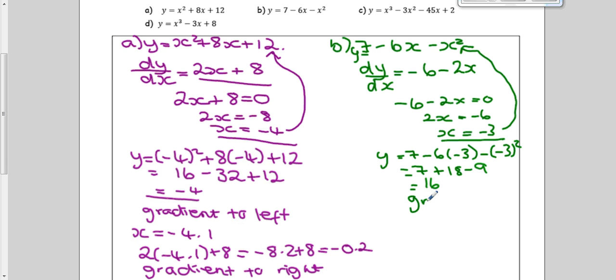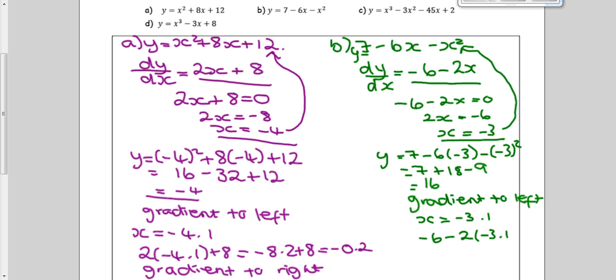So the gradient to the left, well, that would be substituting in the point x equals minus 3.1. So into the equation for the gradient, which is here, that would give us minus 6 minus 2 lots of minus 3.1, which is equal to minus 6 plus 6.2, which gives us 0.2.